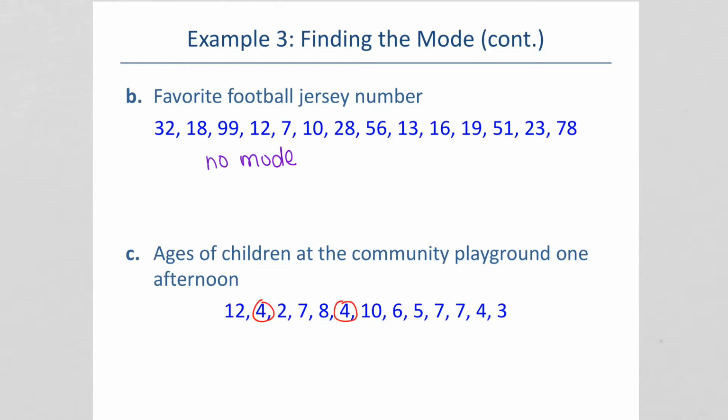Here's a 4 used 3 times. And 7 is also used 3 times. So the modes are 4 and 7. So we would say that this is bimodal because there are 2 modes.